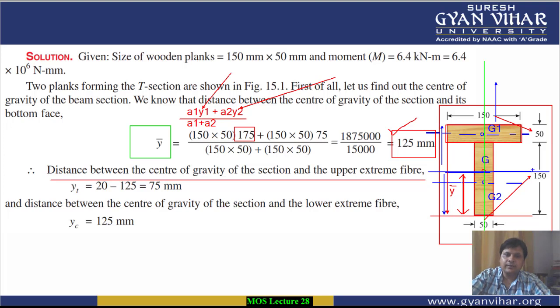The whole height is 150 plus 50, which is 200. So 200 minus 125 gives you the value from the top extreme fiber, which is 75. So this is your 125 and 75, and you can see that 125 is the greater one.